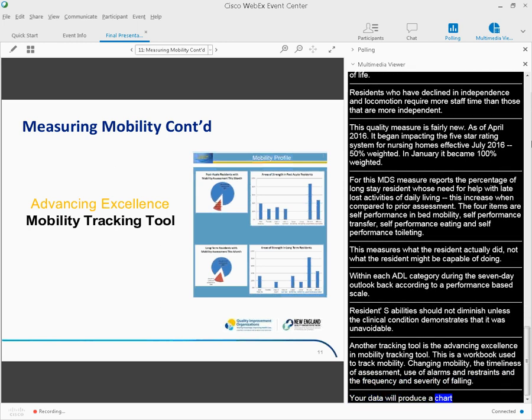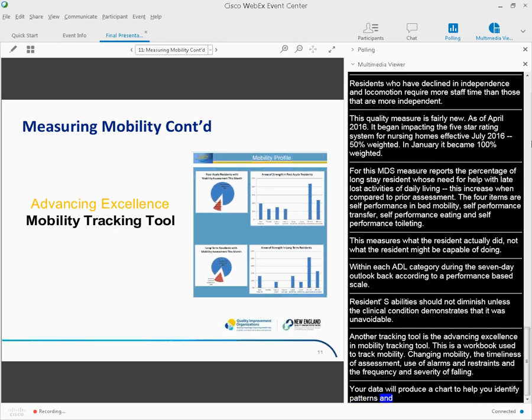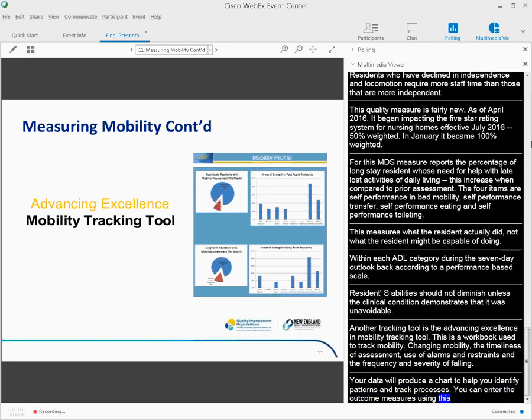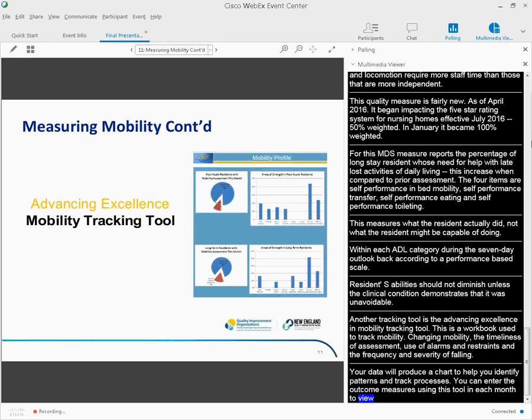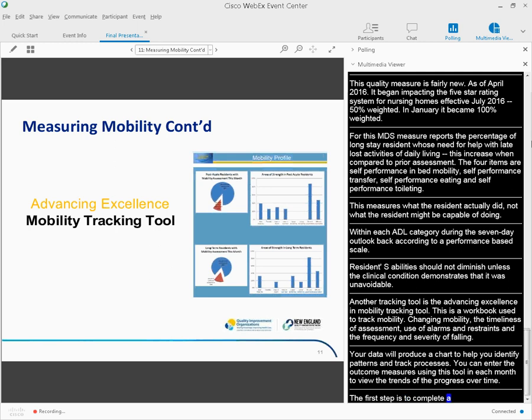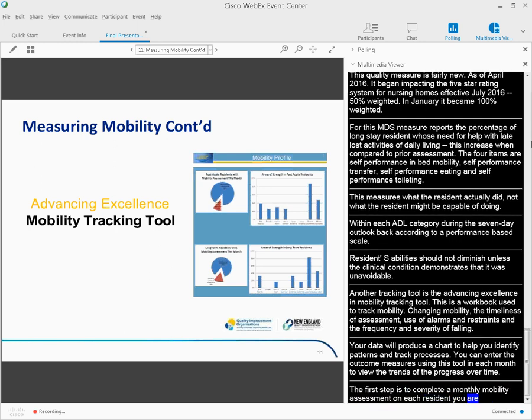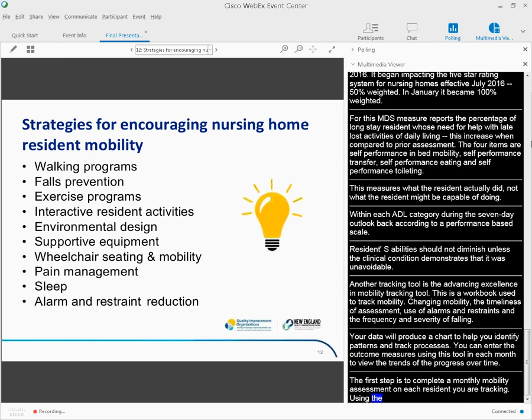You can enter your outcome measures using this tool each month to view trends of your progress over time. The first step is to complete a monthly mobility assessment on every resident that you're tracking using the mobility assessment form discussed a few slides back.